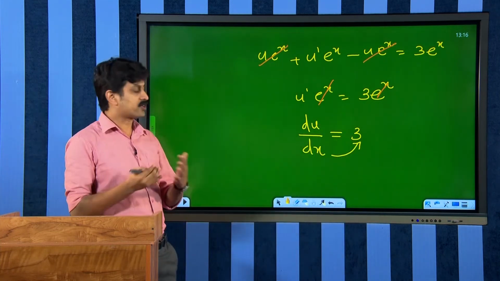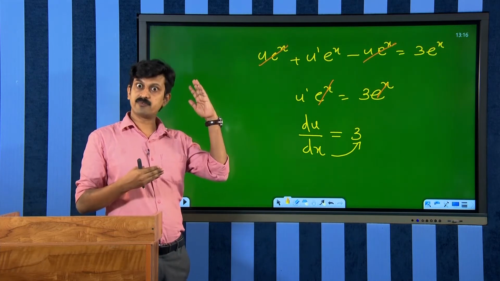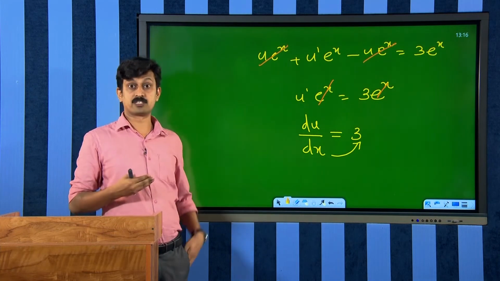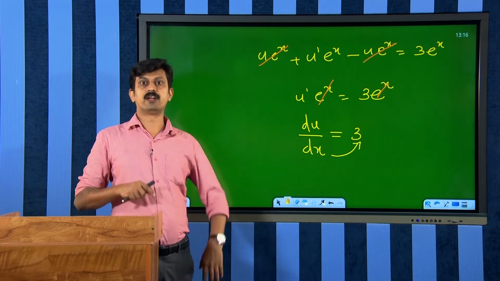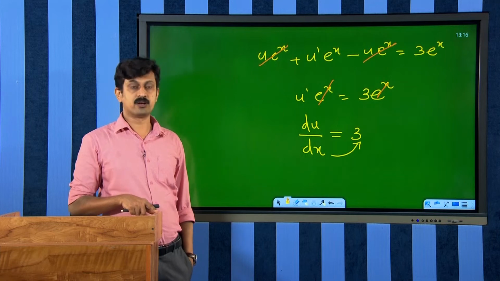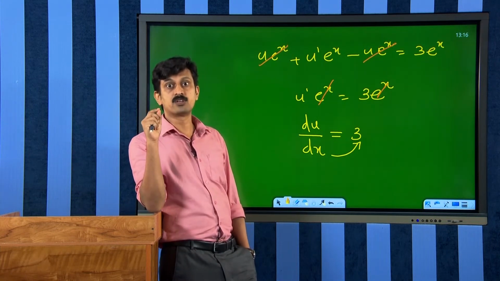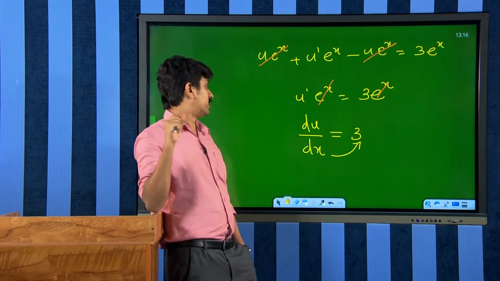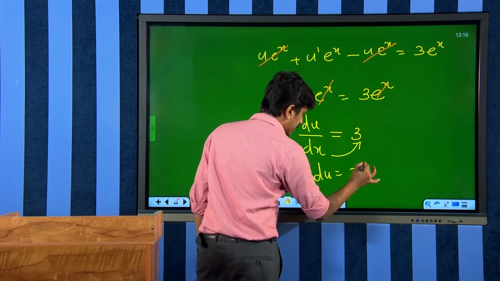Now, this is of the form of the variable separable method that we discussed the very first time, the first method to solve a first order ordinary differential equation. So, we can write du is equal to 3 dx.